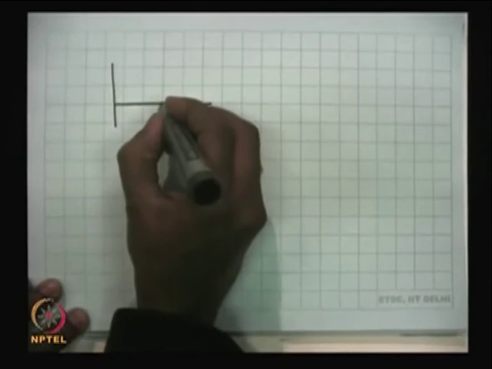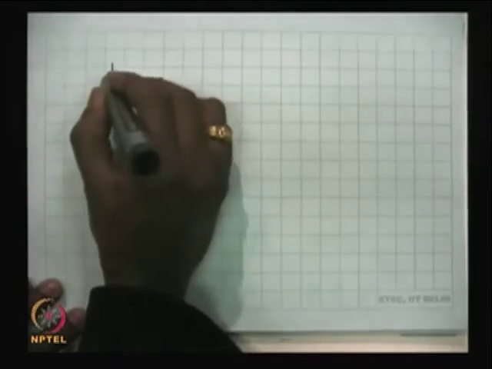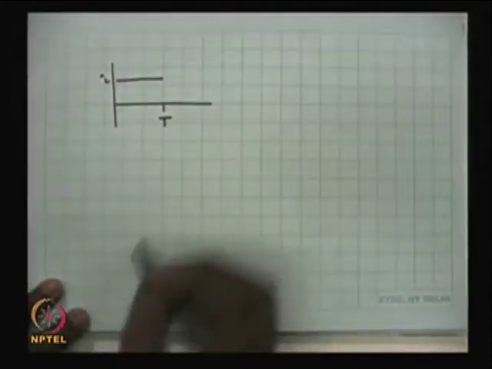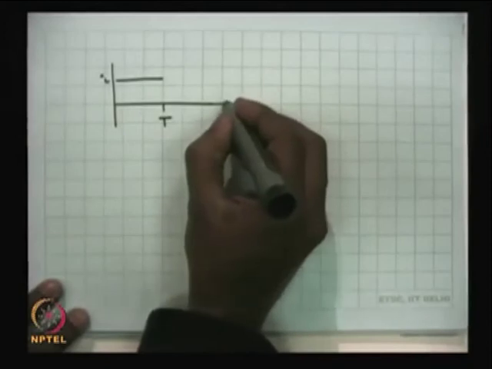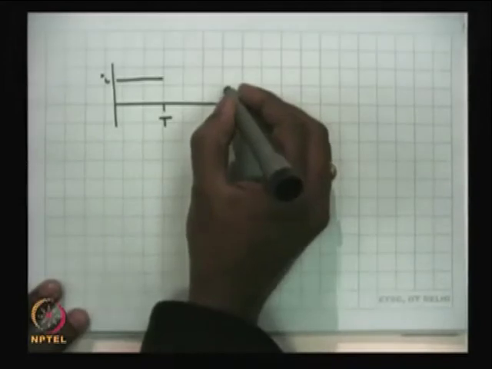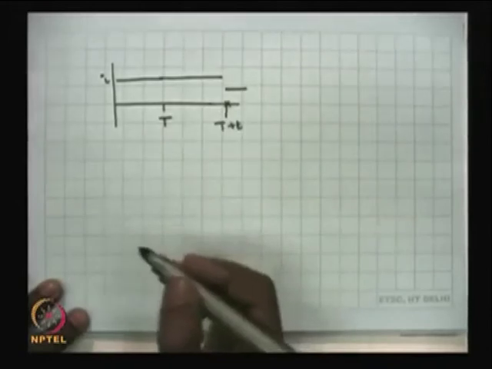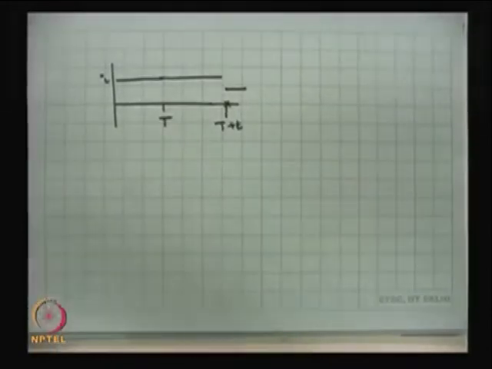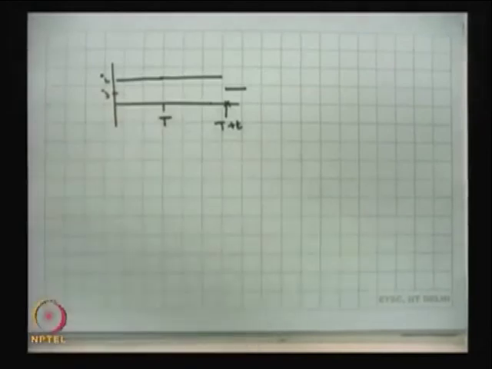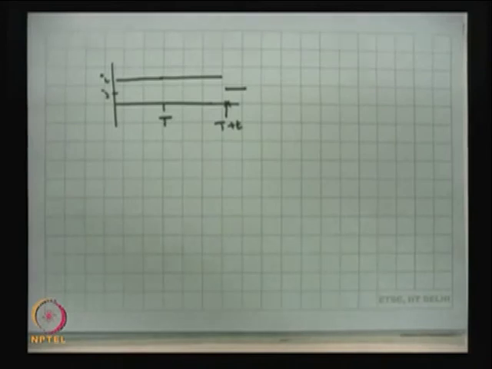The system was in the state i at the capital T, then what is the probability that the system will be in the state j at the time point t plus capital T. It is independent of capital T whenever the Markov chain is time homogeneous, for any t greater than or equal to 0.